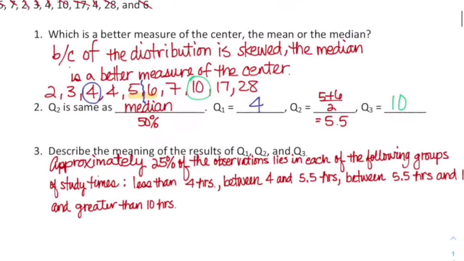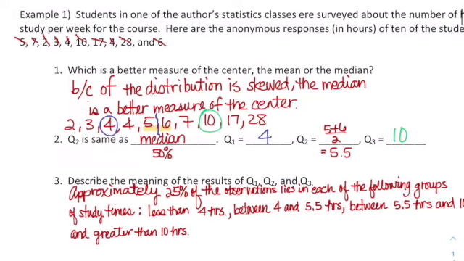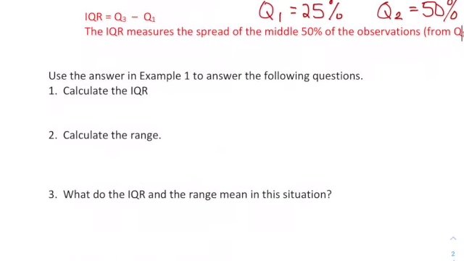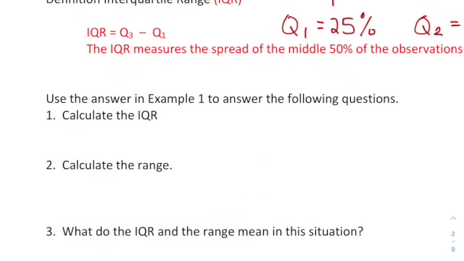Okay, so here's example 1. Your Q3 is 10. Your Q1 is 4. So your interquartile range is going to be 10 minus 4, which is 6. So most people, the middle 50%, study about 6 hours. Make sure you write down 6 hours. You need to have the units.